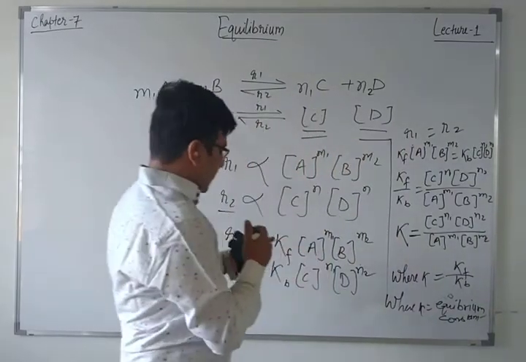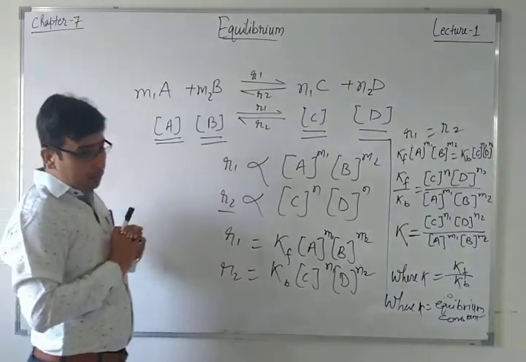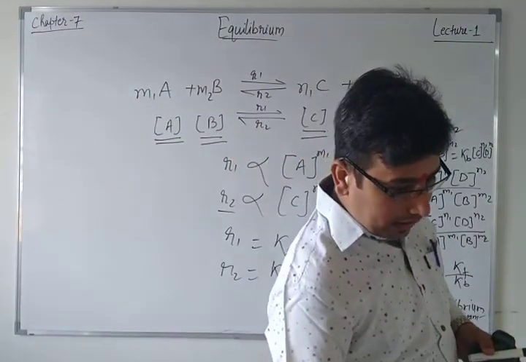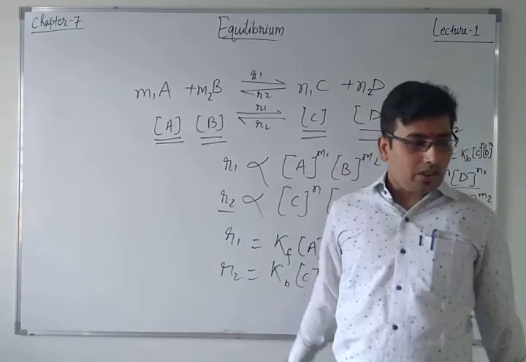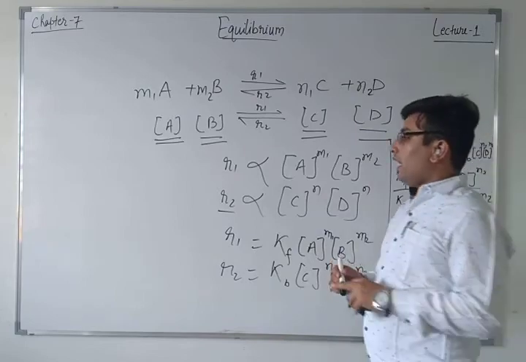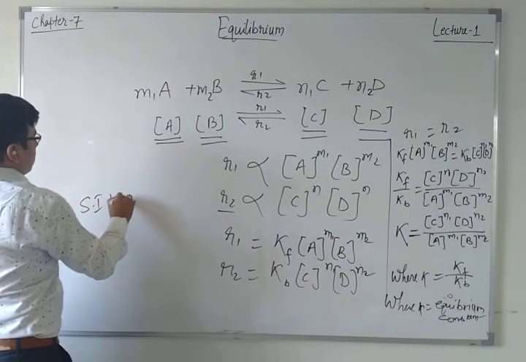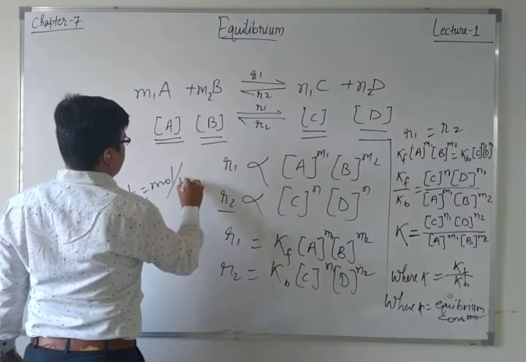Hope all of you have understood this lecture. In this lecture 1 we have discussed what the equilibrium state is and what the rate constant is. Here you should know the SI unit of concentration is mole per liter. Remember, the SI unit will be mole per liter. This equilibrium constant SI unit is also mole per liter.